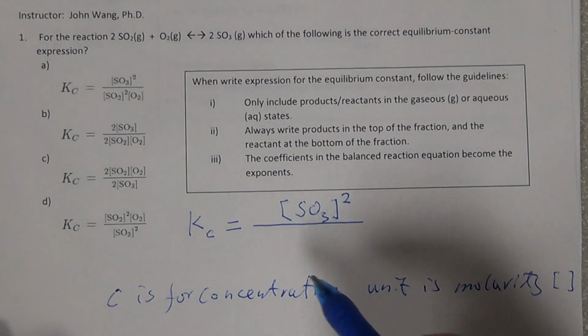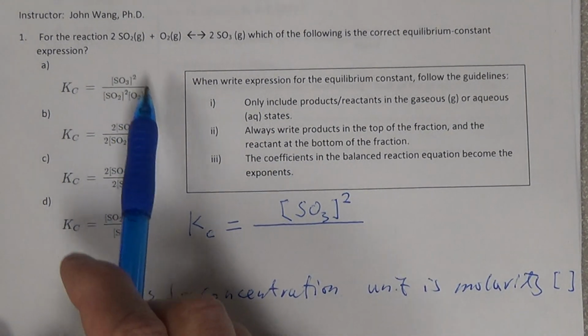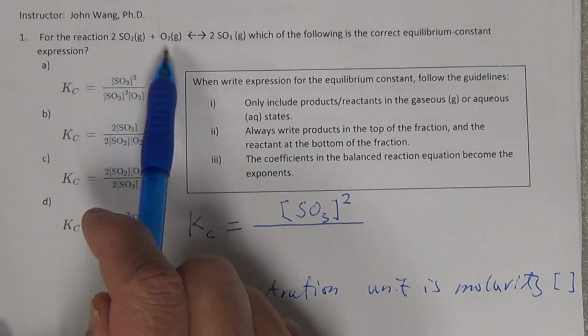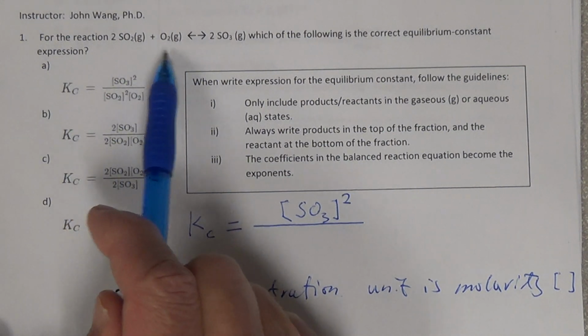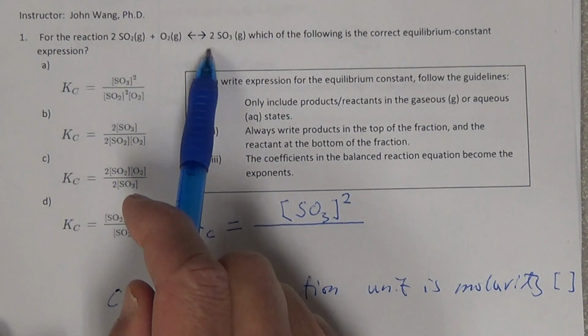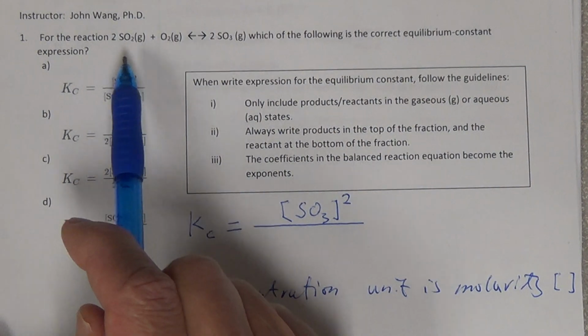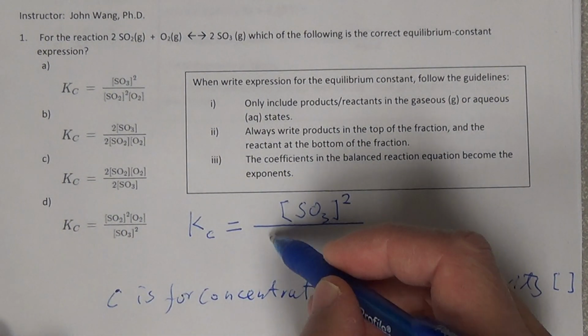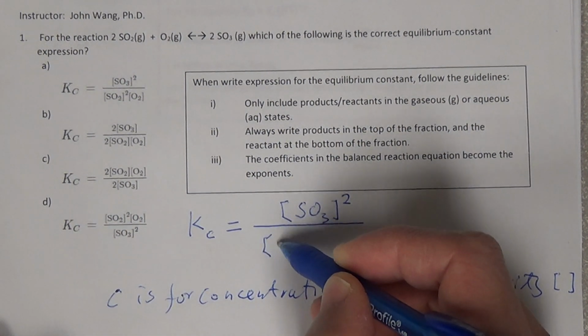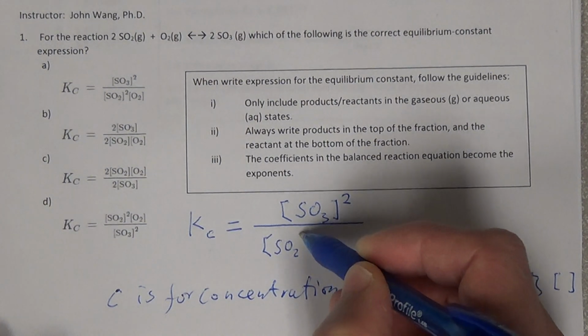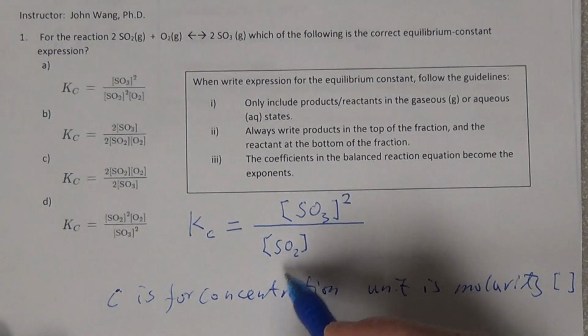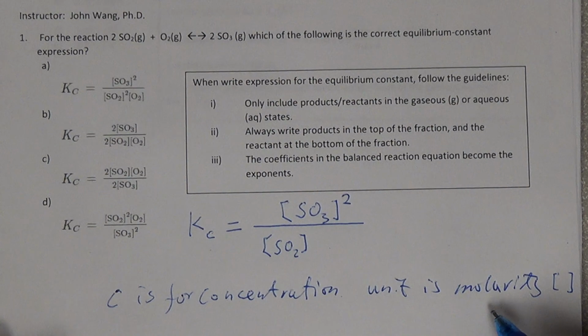Then we check the reactants, only including those that are gas or aqueous, and the reactants should be at the bottom. One reactant is SO2. Again, we use angle brackets to represent molarity.